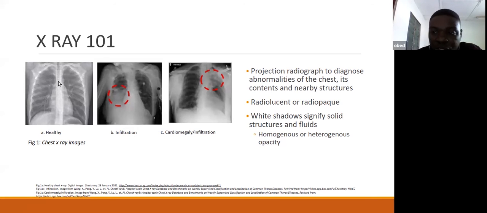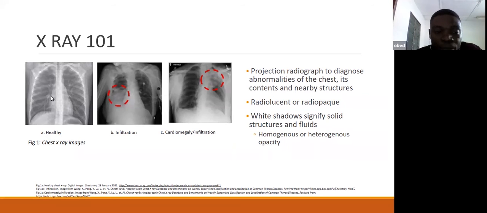Now, what you'd be interested in picking out when you're looking at a chest X-ray is the lung fields. So these dark portions here, and then this side. We're looking at the right lung field and then the left lung field, right?